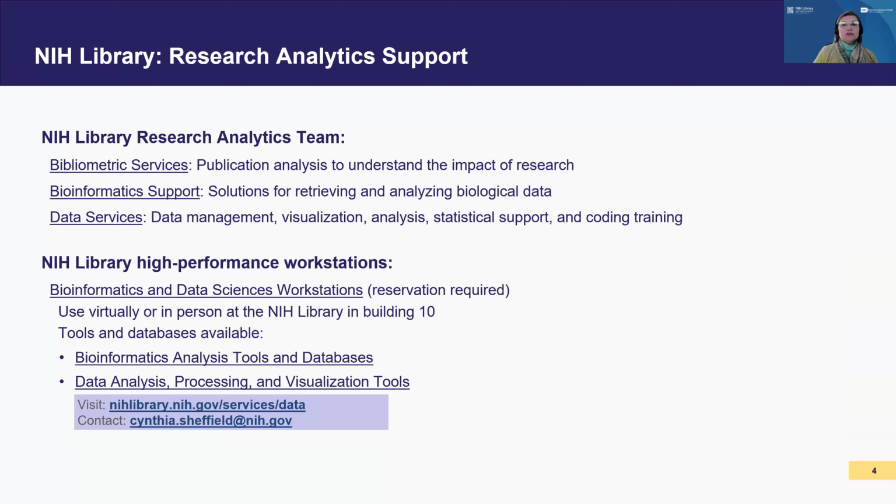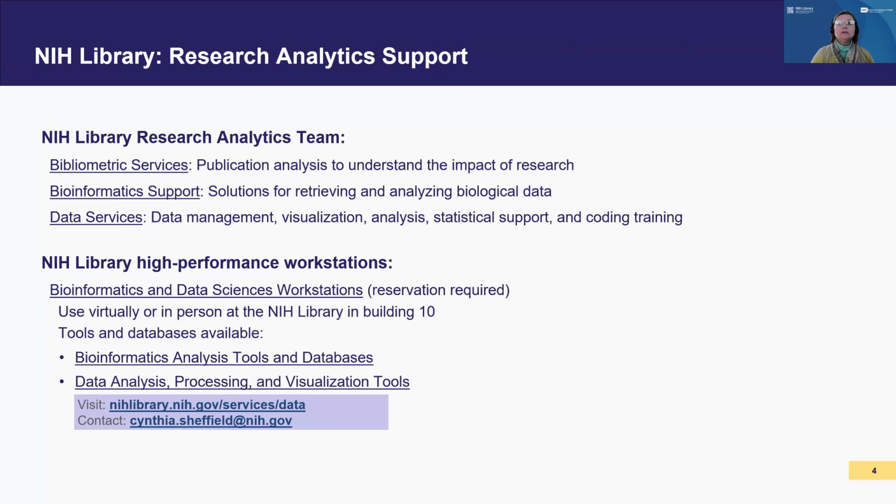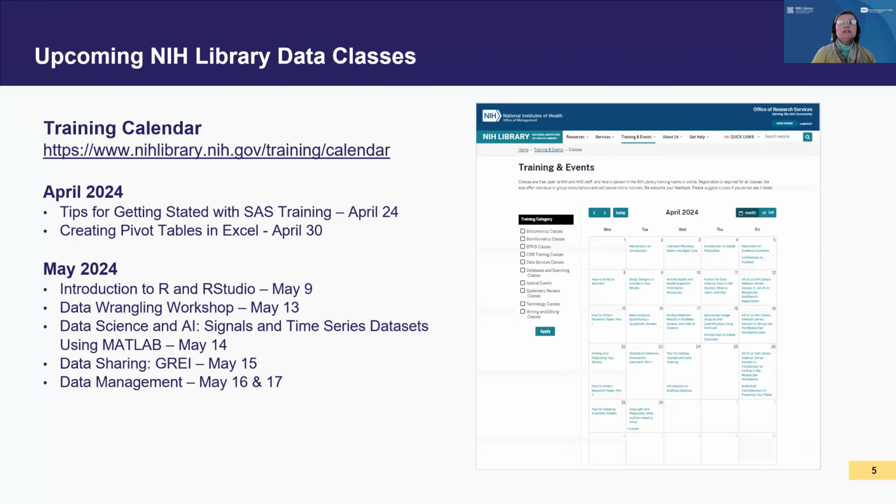Or maybe you might want to sign up to use our virtual public workstations using applications such as the Partek suite of tools, MATLAB, SPSS or SAS or NVivo, as well as many other software applications. You'll find these on our website, or you can contact me with questions. My email is at the bottom of this slide, which you'll receive early next week, along with the recording of this session. And then finally, here is a list of upcoming dates for April and May classes. Topics include statistical analysis, Excel, R, and RStudio, as well as many AI technology and data management classes.